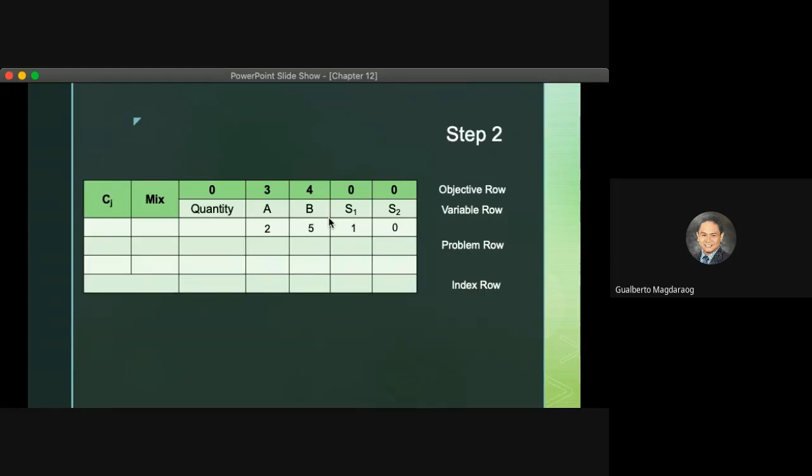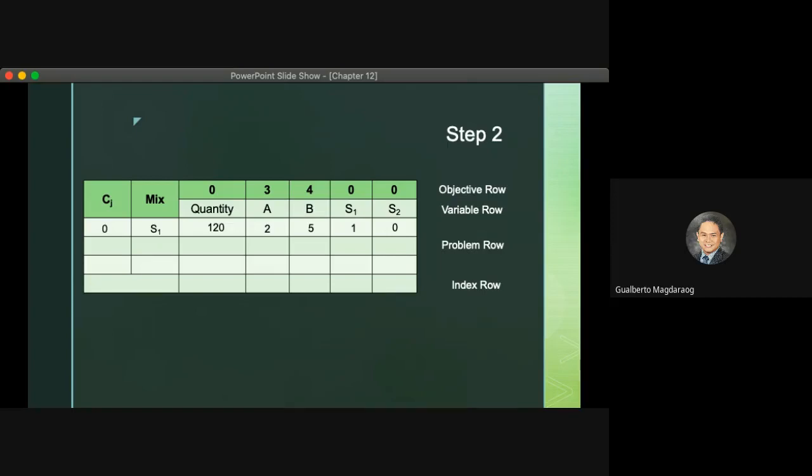Okay? We will assign, and quantity is equals to 120. We will assign S1 for the slack variable for the grinding for this one, and we don't know yet kung ilan yun. Kaya slack variable muna ang gagamitin natin. And the contribution margin for S1 is 0. Okay, 0S. Kaya 0S. The contribution margin.